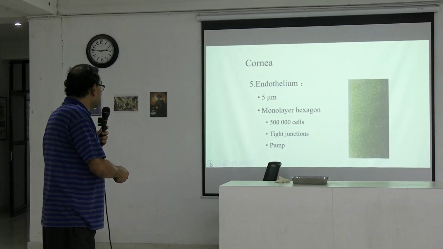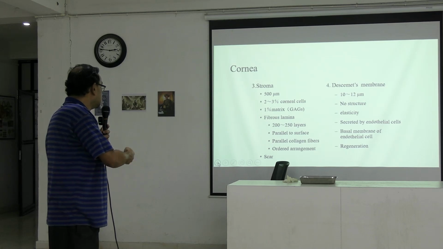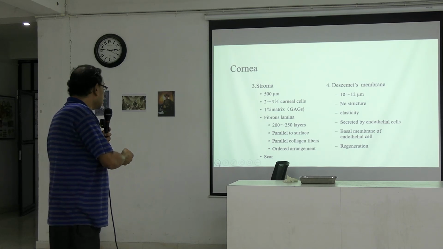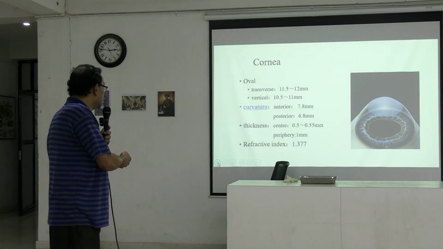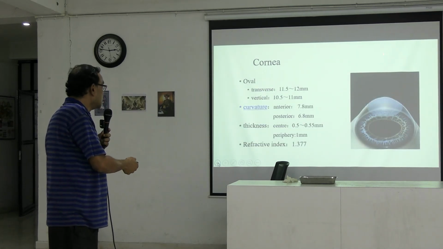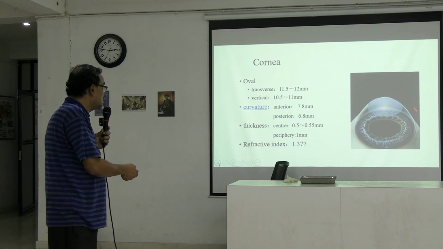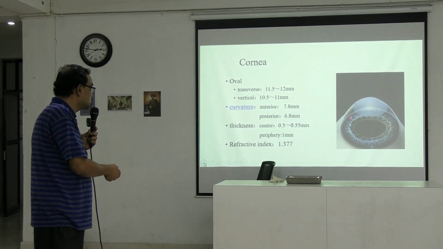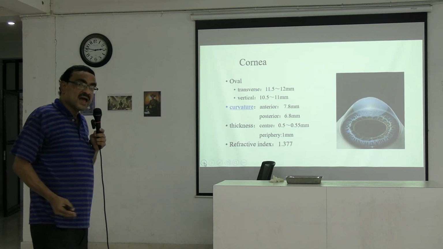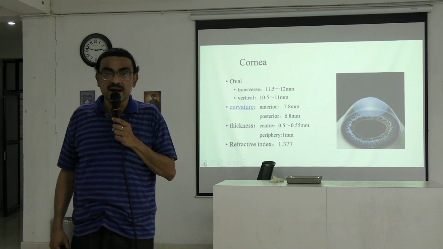So this is the cornea, what we can get. And you can see this cornea is also, the anterior surface is convex, the posterior surface is concave, and it helps in accommodation.